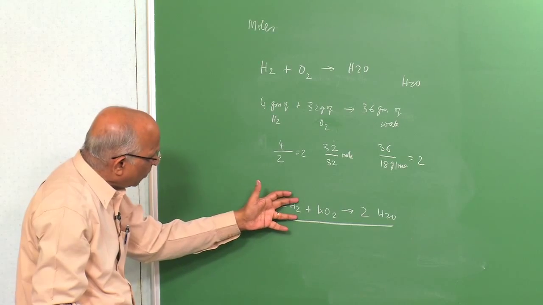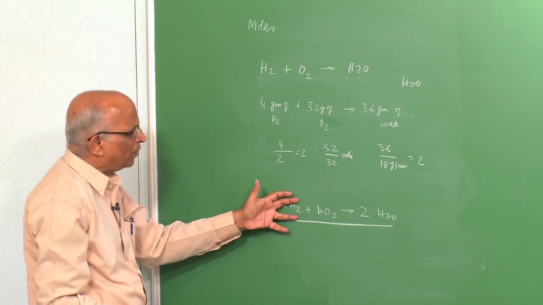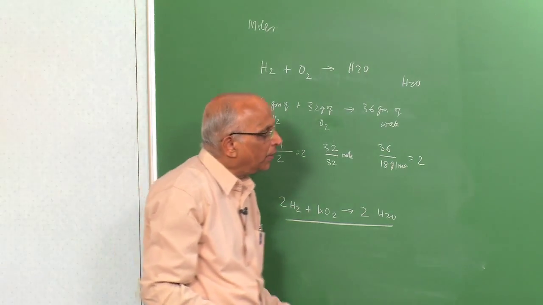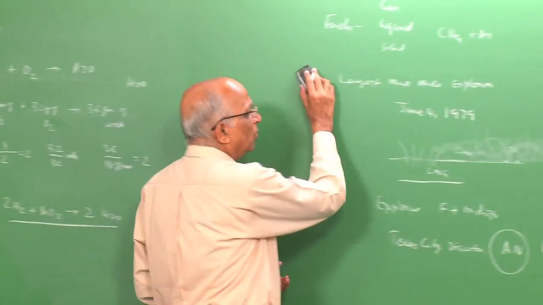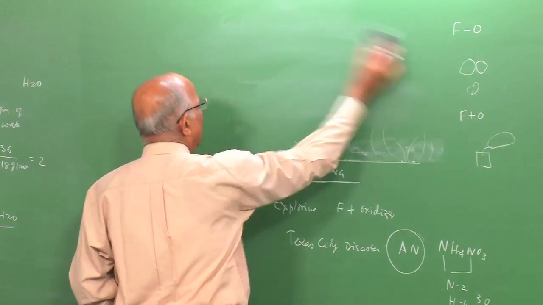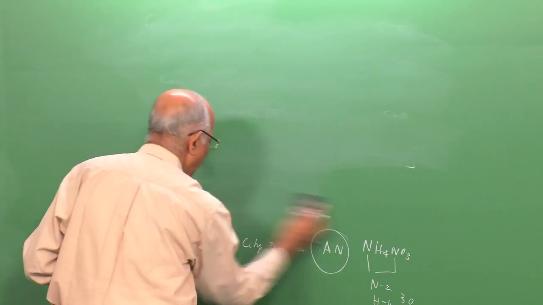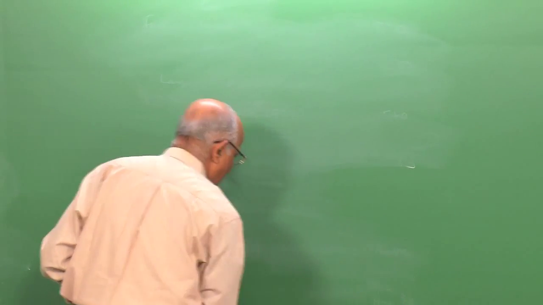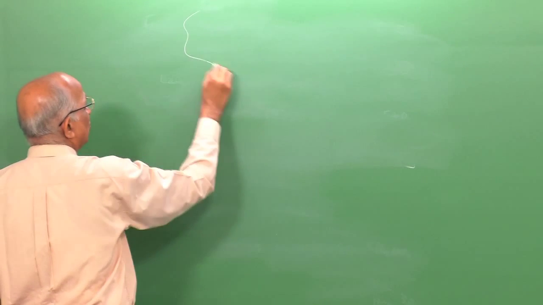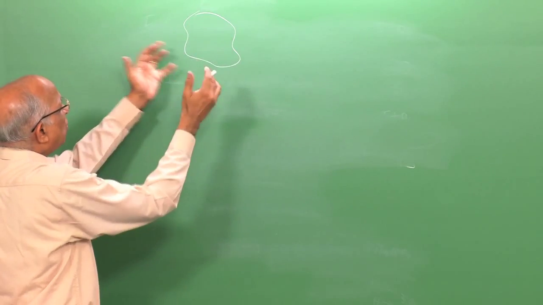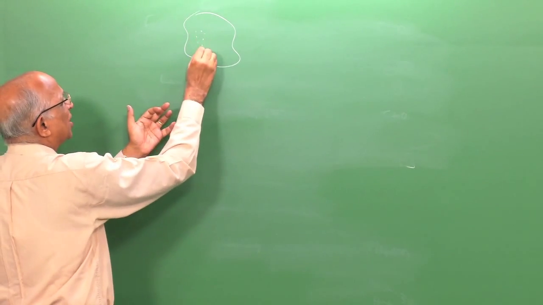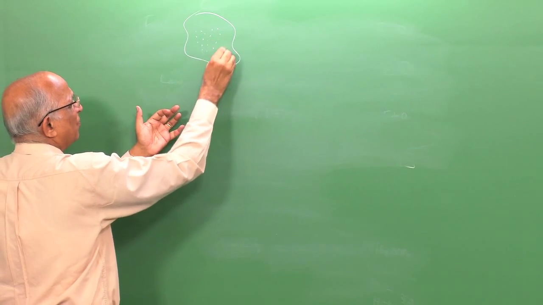Now, when we talk of moles, it is also necessary to distinguish the word mole from molecules. When we say molecules, we have any substance, let us say I have a quantity of a substance over here. It contains a lot of molecules, small molecules which are interacting with each other in the substance.